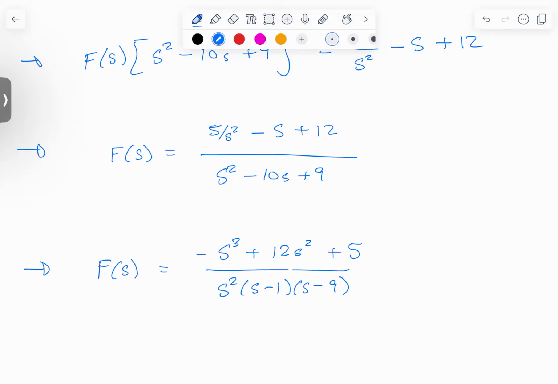Bringing this down and finding a common denominator among the other pieces. Because this now should look pretty familiar, right? The goal is to get this into something and then do what technique? Partial fractions. Because that's what we've been practicing with our inverse Laplace transform.